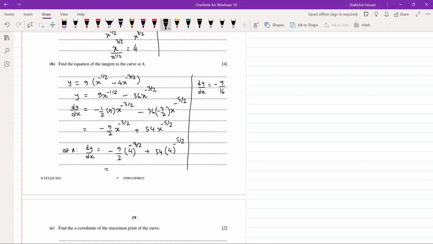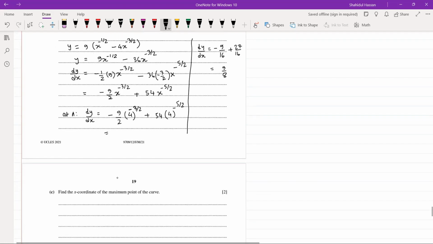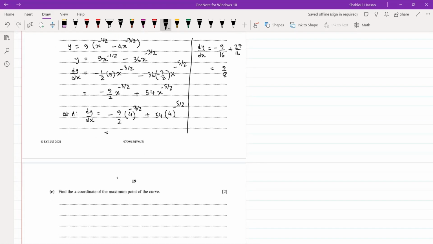Let's do this part also. 4 to the power minus 5 over 2 multiplied by 54. So that's 27 by 16. So 27 by 16 minus 9 over 16. My calculator says 9 over 8. So the dy by dx is 9 over 8.